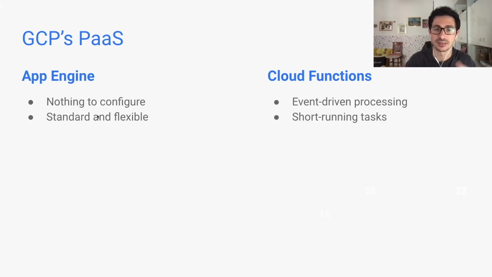Basically, it means that the application can be non-containerized. It will be written in, I don't know, Python, Java. It has to be a language which is supported by App Engine, but if it's one of the most used languages, it will be. And so you will take it and you will say, okay, run here, without containerizing it. You don't even need to do this additional step, just run here.